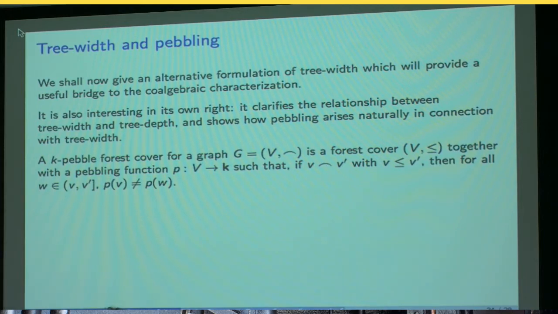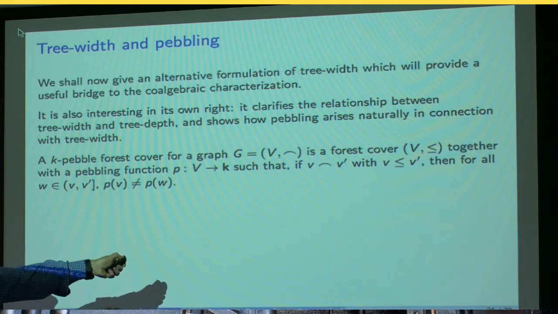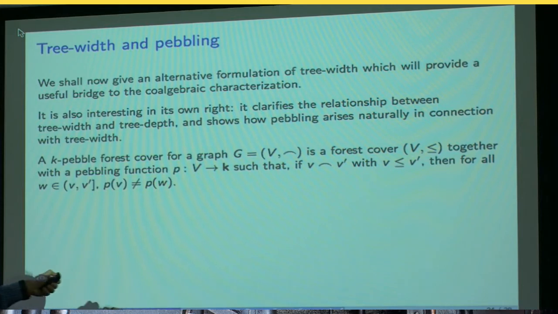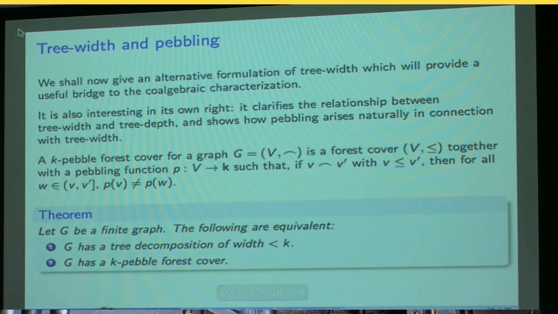We now have that a k-pebble forest cover is a forest cover together with a pebbling function such that whenever two vertices are adjacent, with one, therefore, since it's a cover, less than or equal to the other, then going from one up to the other, the pebbling value doesn't coincide. This should be reminiscent of the way we lifted relations in the pebbling comonad.